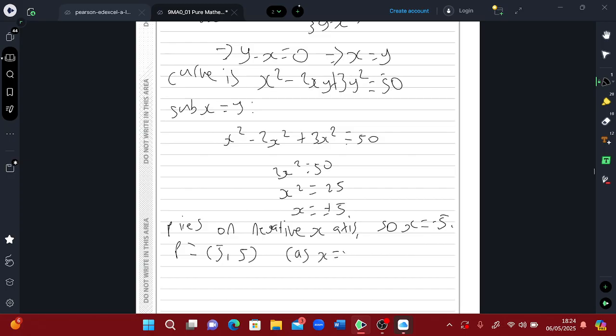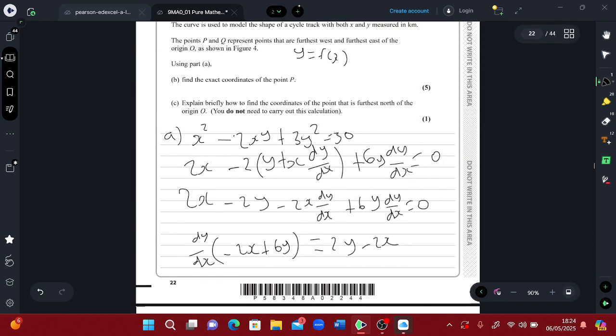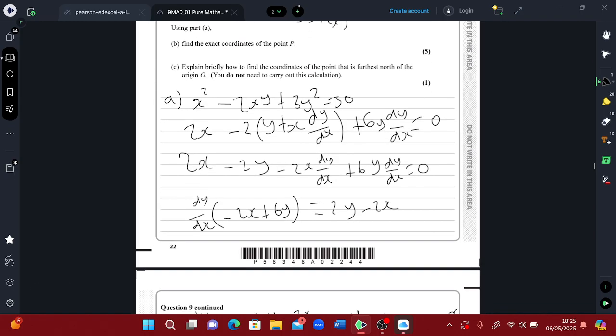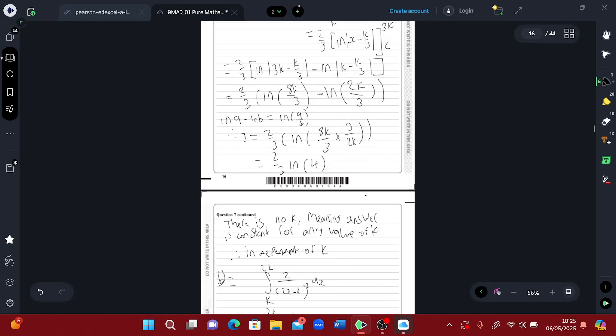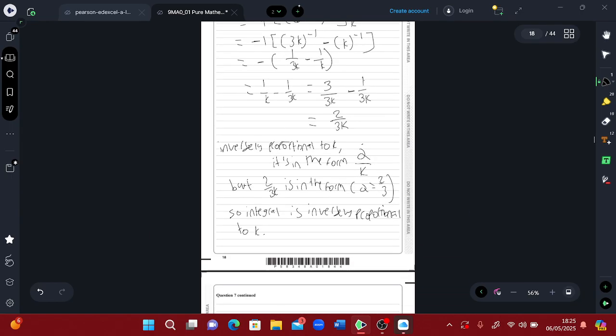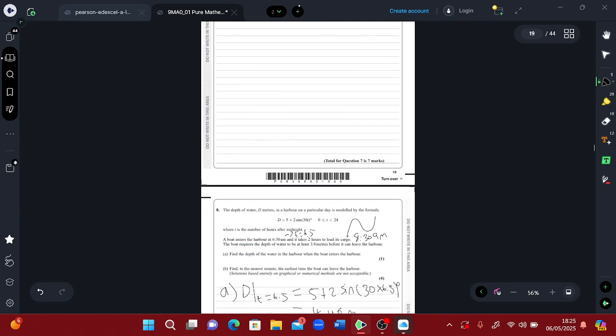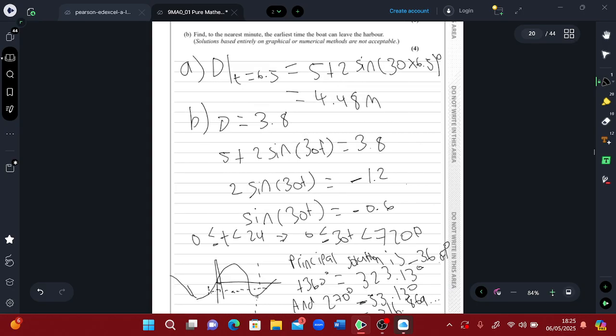As x equals y equals minus 5 at P. And that's your coordinate, I believe. Did it say exact form? Usually when they say exact, they want you to give your answer in a root or a fraction or something like that. So it's interesting. It says exact, but you just get a whole number.